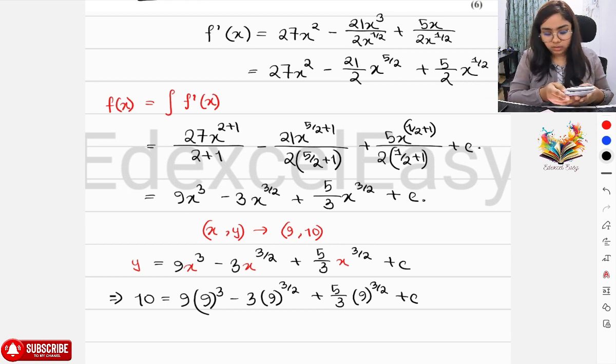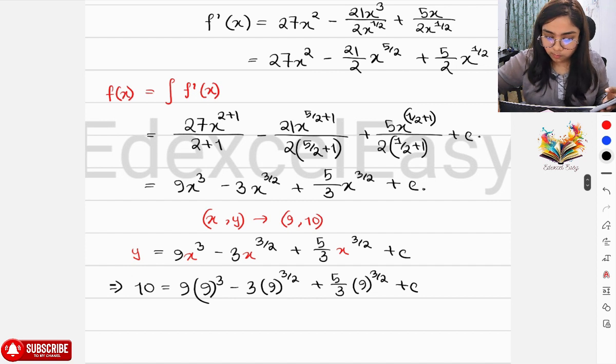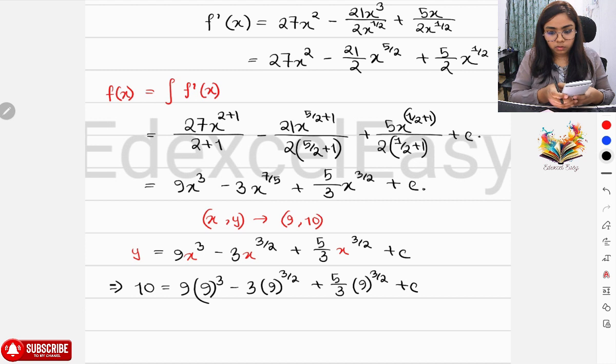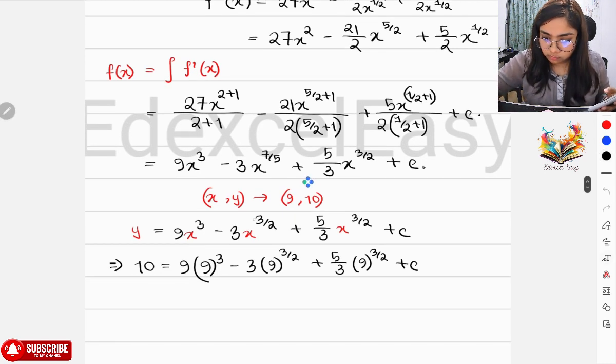Wait, I think 2.5 plus 1 is actually 7 by 5. 3.5 this is. So you made a mistake. 7 by 5. Let me check if I'm making any mistake anymore. No, that was 3. Over here, this will also be 7 by 5. Just 1 minute.